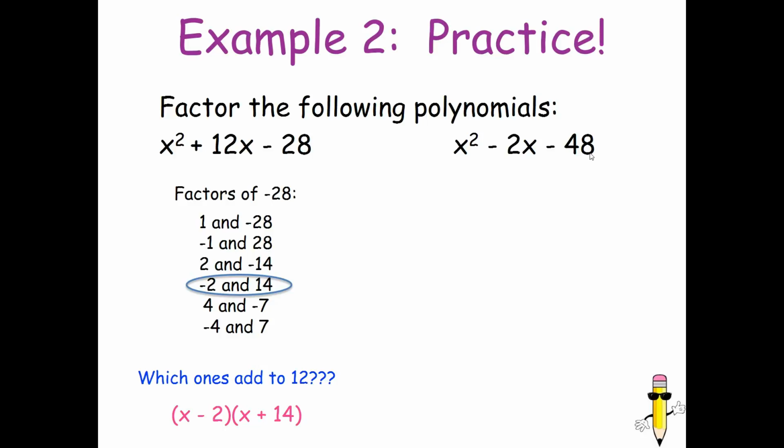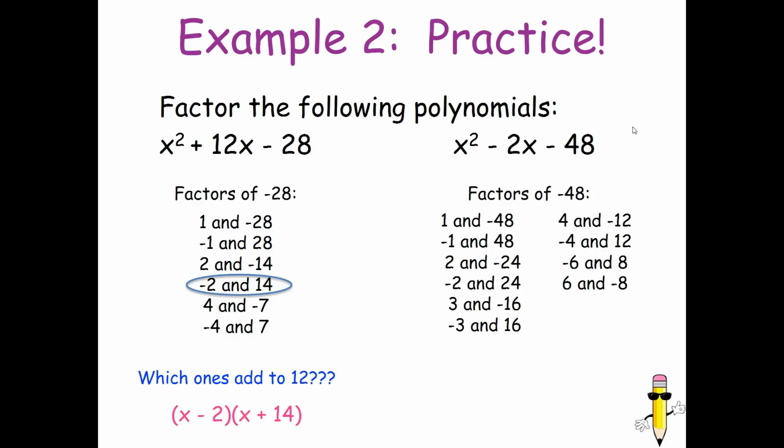Let's move on to the next one. So I have 48, and I need to figure out what my factors of 48 are going to be. Also keep in mind that my 48 is negative and my 2x is negative, so that's important. Factors of negative 48 are going to be, let's see, 1 and negative 48, 2 and 24, 3 and 16, 4 and 12, 6 and 8.